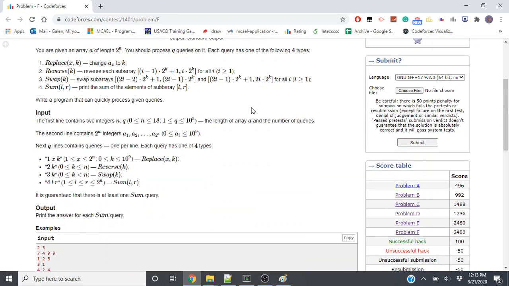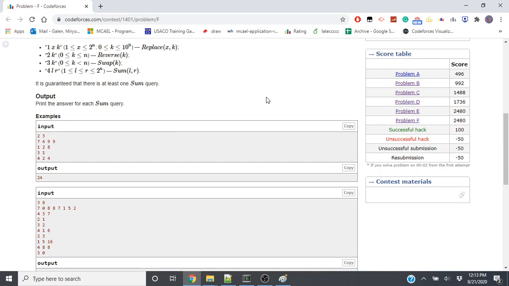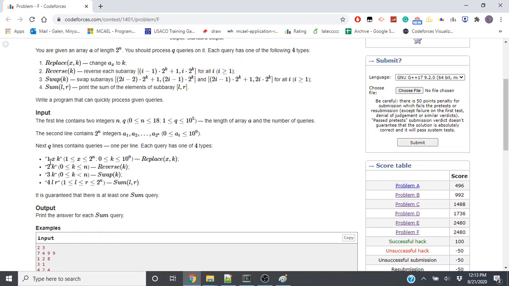Time limit is 3 seconds, 10 to the 5th. So maybe there's some square decomposition or something. Definitely can't do something crazy like modes with updates. There's no way that would work, especially for this weird kind of problem. It's interesting that there are only n possibilities for reverse and only n possibilities of swap.